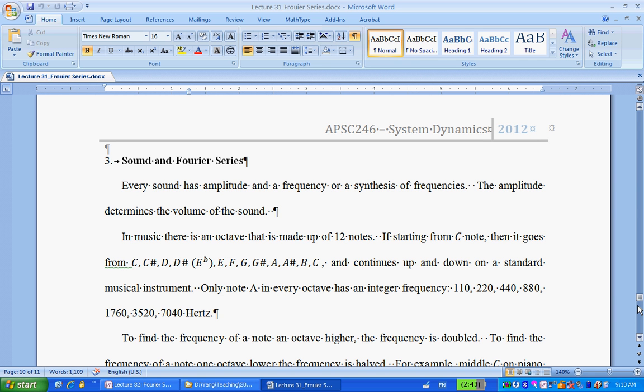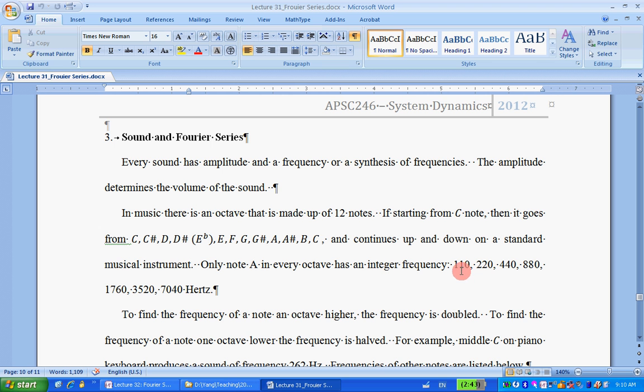At each note, let's say C, C sharp, there's an associated frequency for each one of them. For example, the major C there is 110 hertz. By the way, I don't actually play anything.